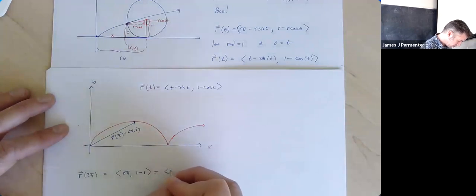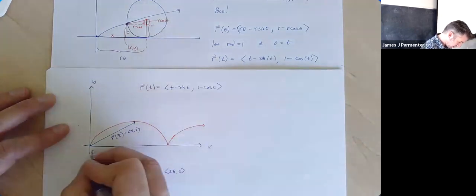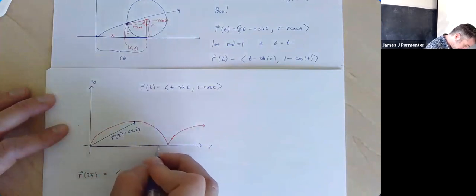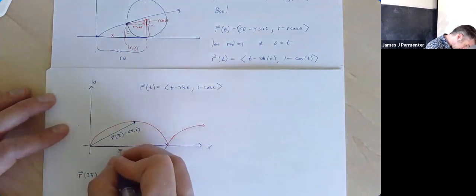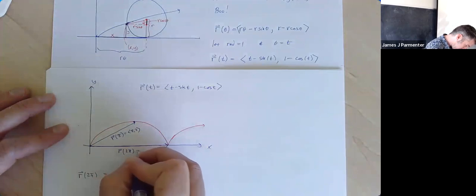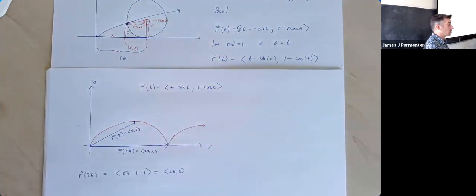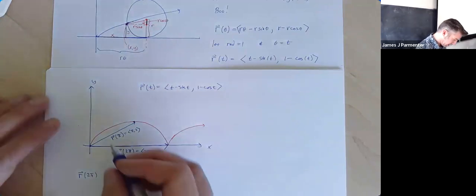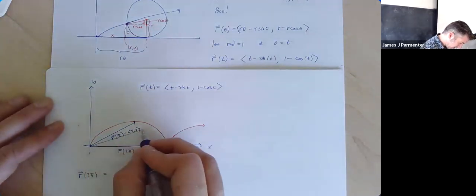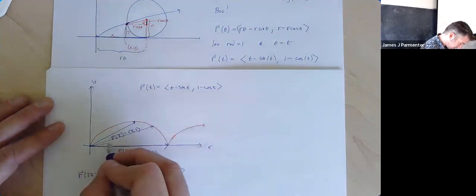So I get 2 pi comma 0. So r of 2 pi really is that vector there, and it ends at the point that is on the curve. So we have all these position vectors that just tell you the point on the curve.